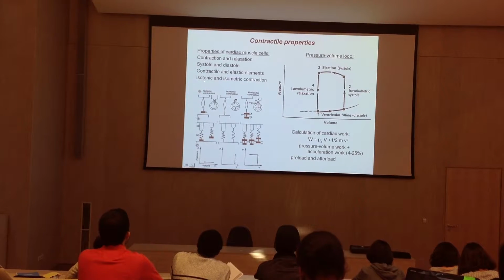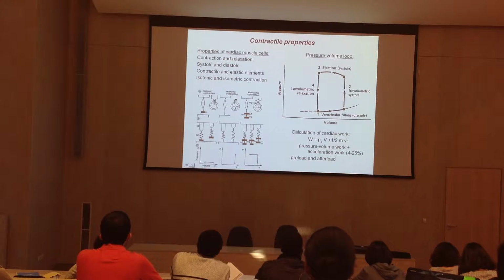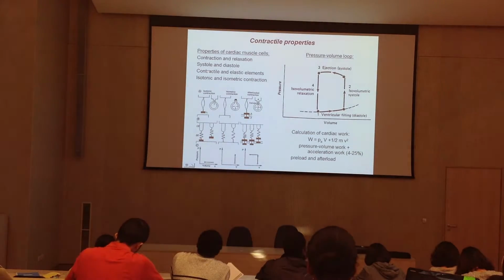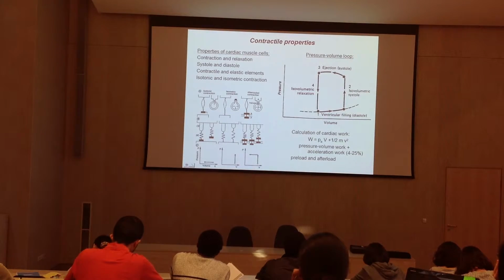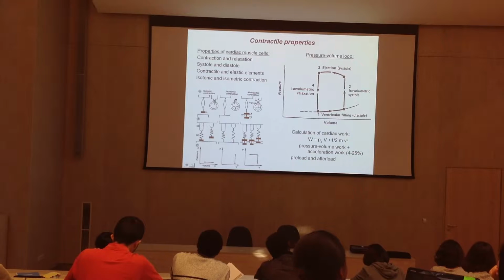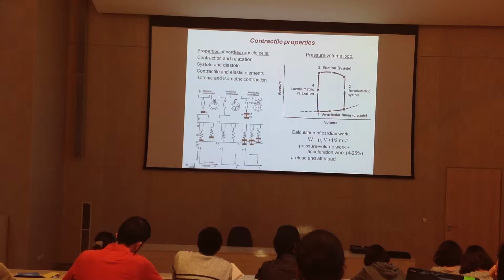Now, in isotonic contraction, the volume decreases because the blood leaves the ventricle, but there is no change in the intraventricular pressure because there is no resistance which the ventricle has to overcome by the intraventricular pressure. Therefore, the blood can leave the ventricle without any increase in the intraventricular pressure. Okay, so this is the line.